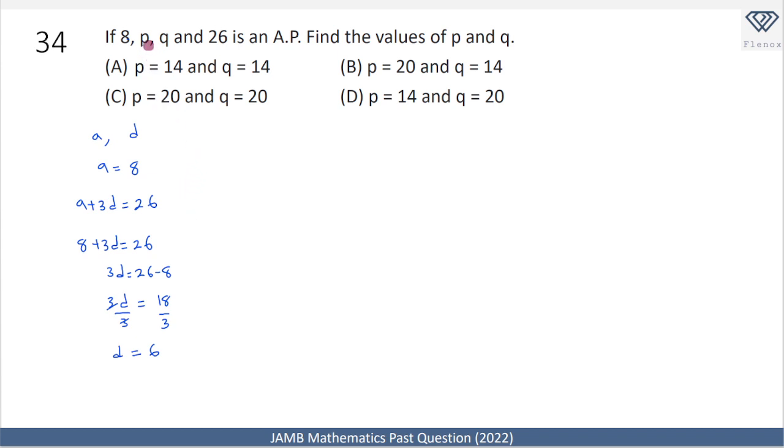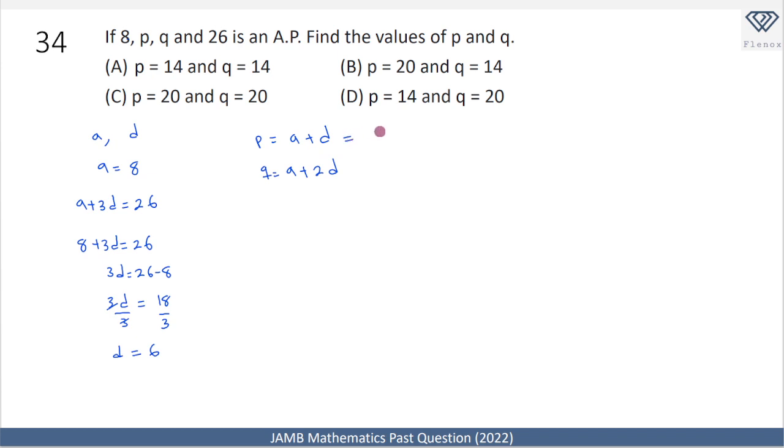So now the question says we should find the value of P and Q. Now we know that the first term is 8, P is the second term. So P will be equal to what? A plus my common difference, and Q is my third term, which will be what? A plus 2 times my common difference.